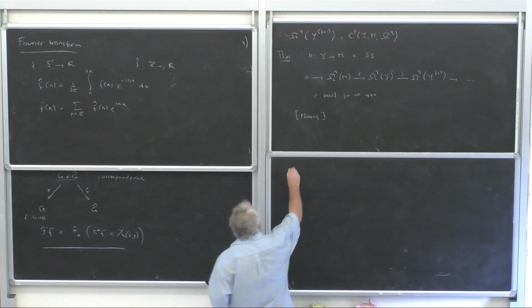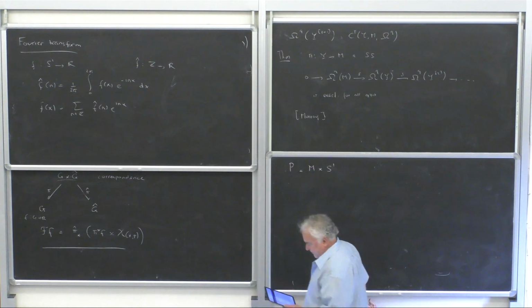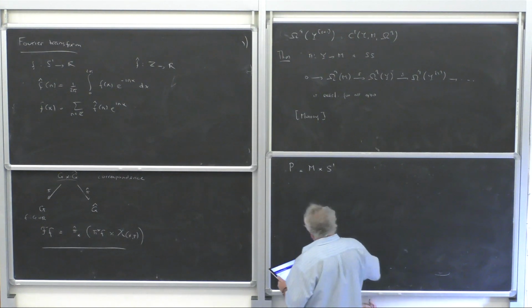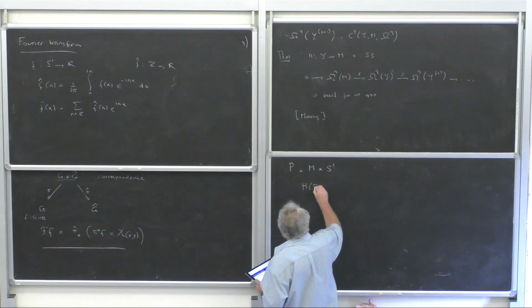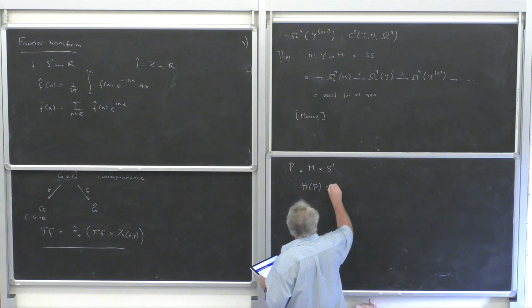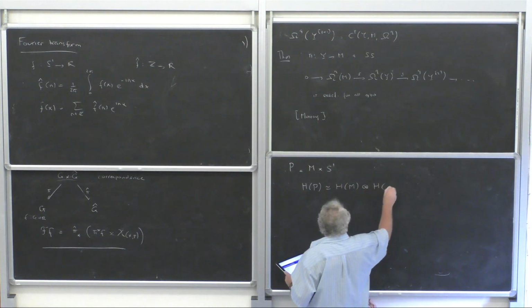I'm going to look at a manifold, M cross S1, so the product manifold. We know the cohomology ring of this, by the Künneth theorem, is isomorphic to the cohomology ring of M tensor that of S1.